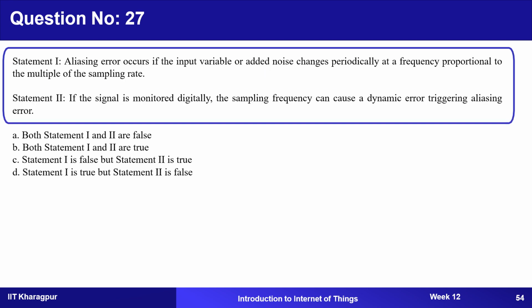Next question is, there are two statements given. Statement 1 is, aliasing error occurs if the output variable and added noise change periodically at a frequency proportional to the multiple of sampling rate. Second statement is, if the signal is monitored digitally, the sampling frequency can cause a dynamic error triggering aliasing error. First option is both 1 and 2 are false. Second is 1 and 2 are true. Third is statement 1 is false and statement 2 is true. And D is statement 1 is true but statement 2 is false. B. Both are true.